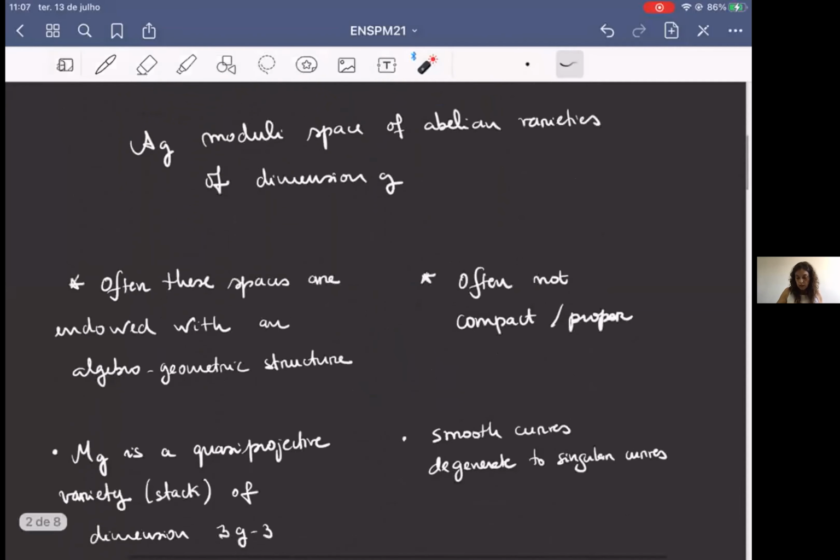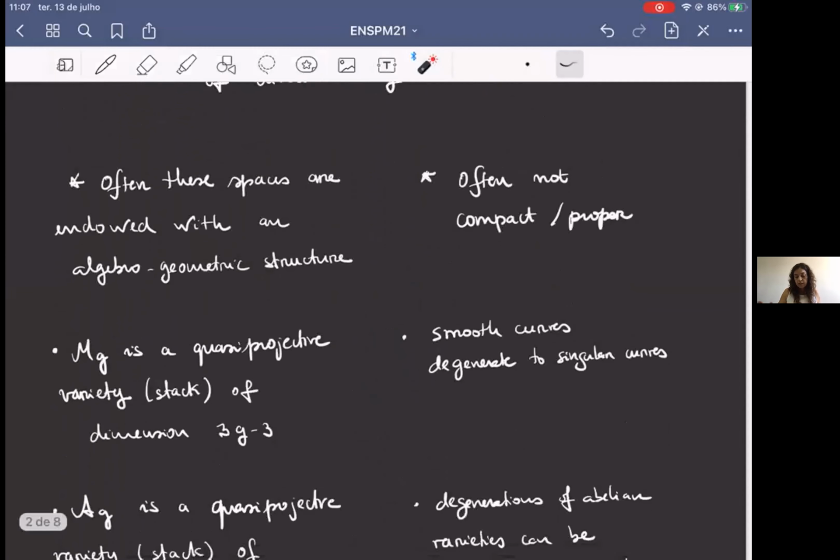The motivation for this is that often these spaces are endowed with an algebro-geometric structure. This is on the good side. On the bad side, we know that they are often not compact, not proper. So that's where the question comes in.